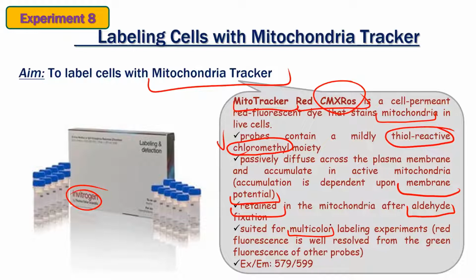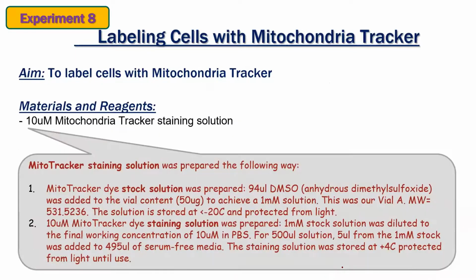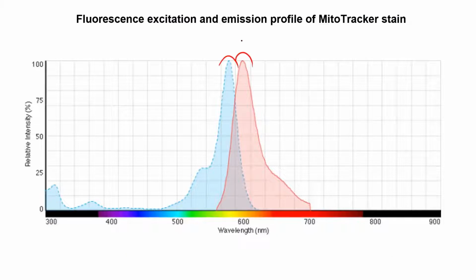So we could use green, red, yellow, and blue for staining the structures of the cell. So we have excitation and emission range here. So it's given in nanometers, and it's shown here. As I said before, you're going to use red filter on your fluorescent microscope to image the cells.